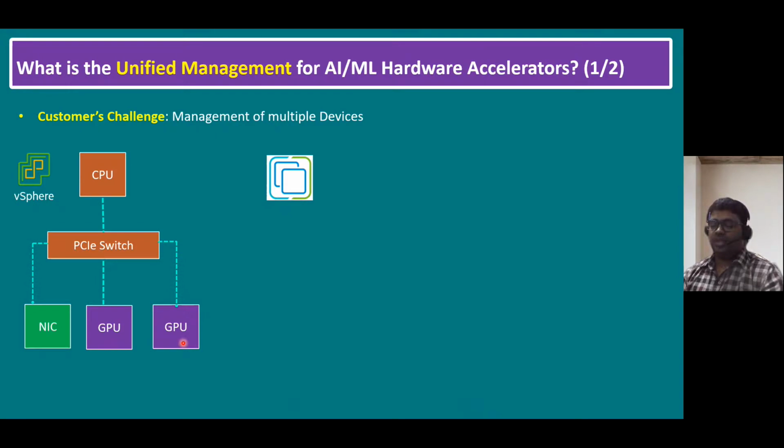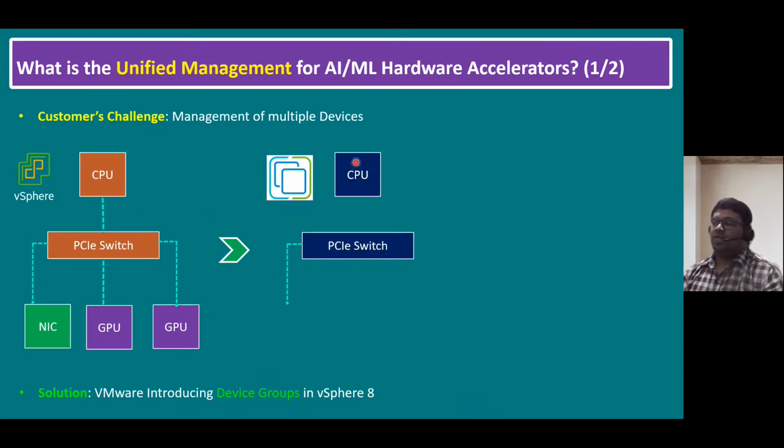But when it comes to vSphere 8, they introduced a solution named device groups. So VMware brings device groups in vSphere 8, and we can talk about it now. In vSphere 8, same as vSphere 7, we have a main processor interconnected to the PCIe switch.